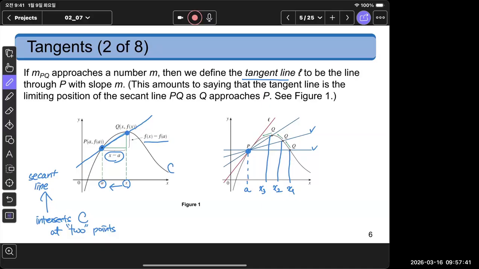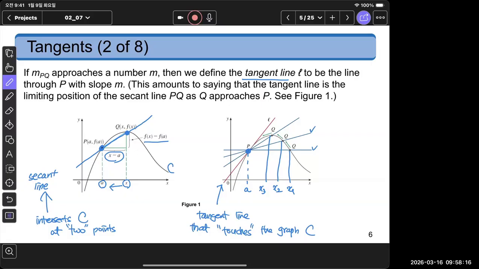And as x approaches a, these secant lines seem to approach this tangent line that just touches the graph C, meaning this tangent line has only one point of intersection, and the slope of the secant line seems to approach the slope of this tangent line.